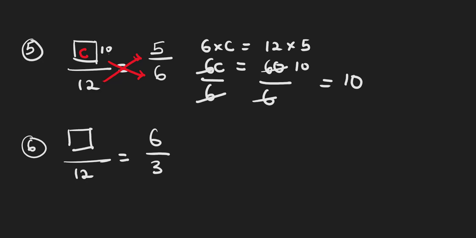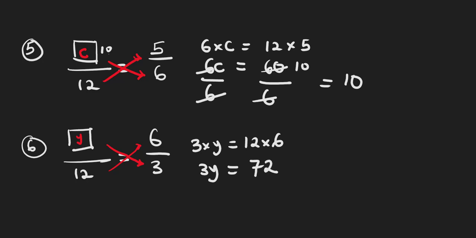So the next question, the same thing. Let's make it y. Cross multiply. 3 times y is equal to 12 times 6. So 3y is equal to 12 times 6, which is 72. Then divide all through by 3. This will cancel this.